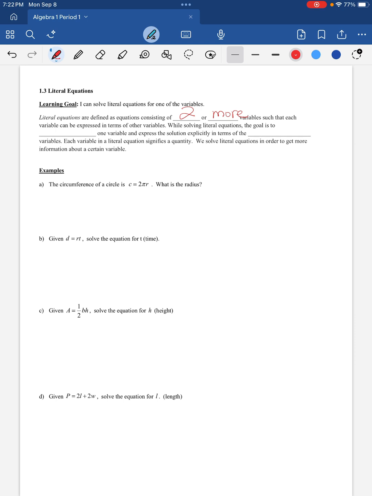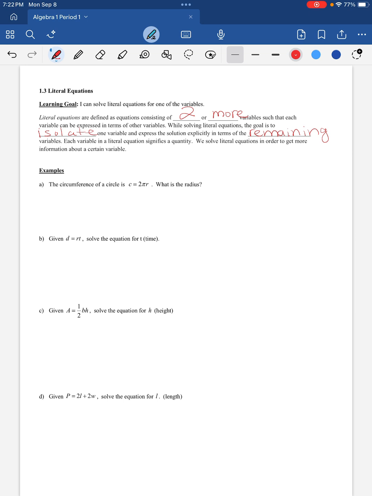While solving literal equations, the goal is to isolate one variable and express the solution explicitly in terms of the remaining variables. Each variable in a literal equation signifies a quantity, and we solve literal equations in order to get more information about a certain variable. So I'm going to go through a few examples with you here.